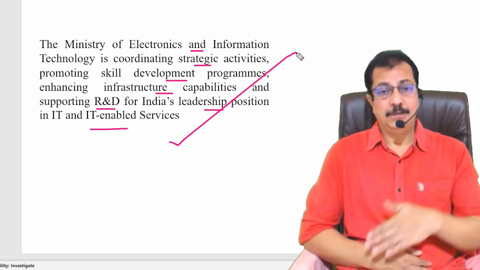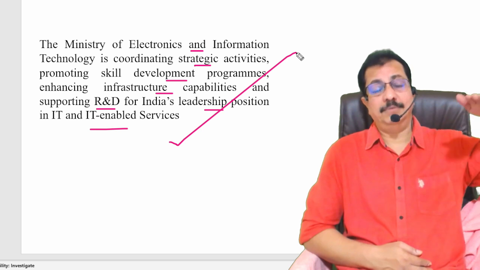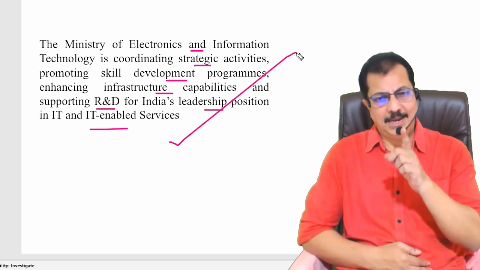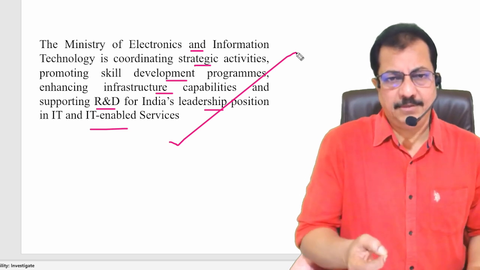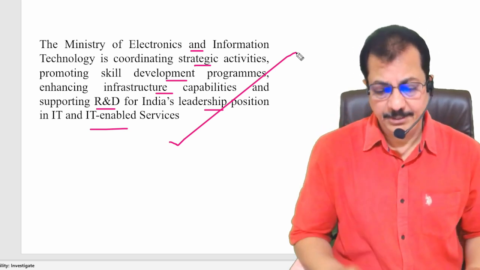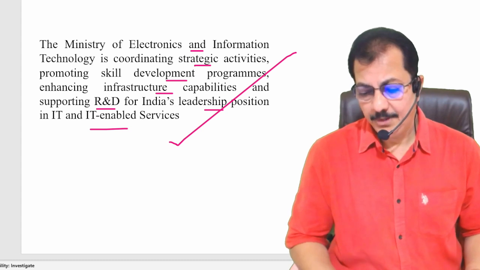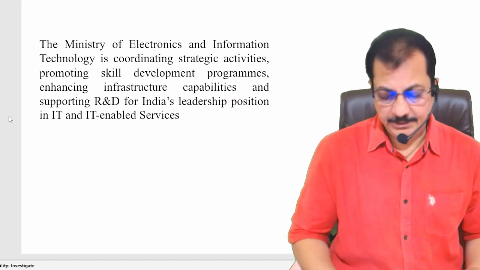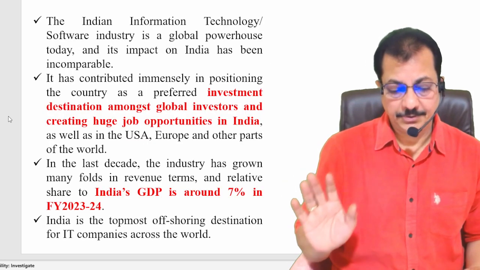Am I clear? So India today is one of the global leaders with respect to IT, and that became possible because of the various policies of the government with respect to information technology. Clear? Now let's go ahead and discuss more points. Look at this, right?